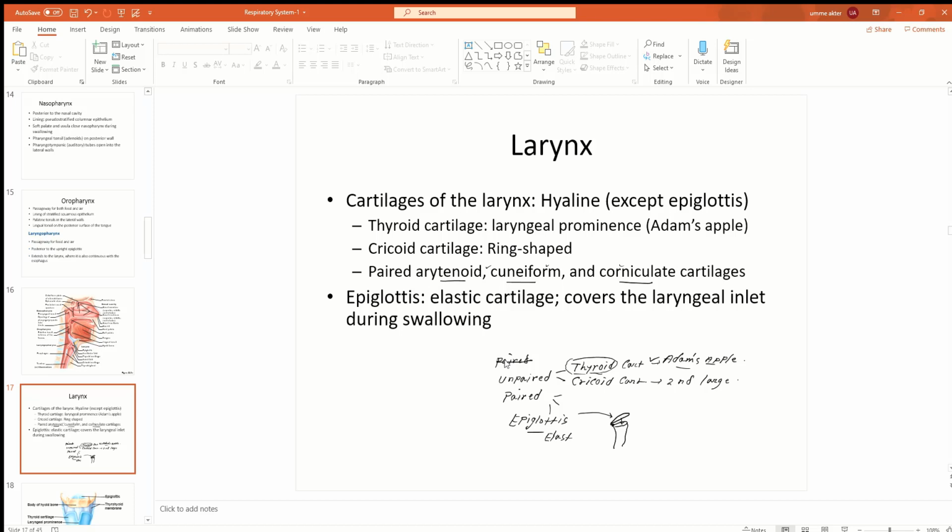Elastic, EE, remember, elastic cartilage. You remember three types of cartilage: elastic, hyaline, and fibro. All other respiratory cartilages are hyaline except the epiglottis.